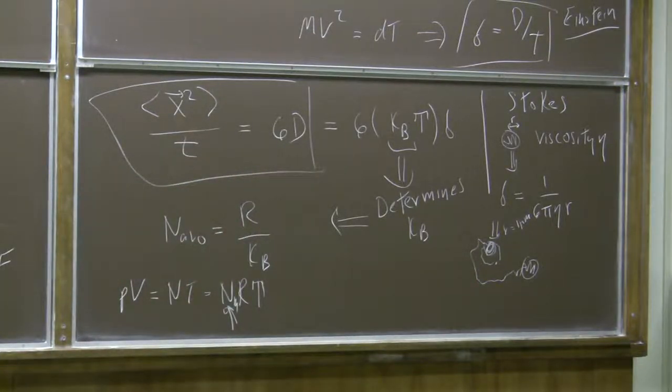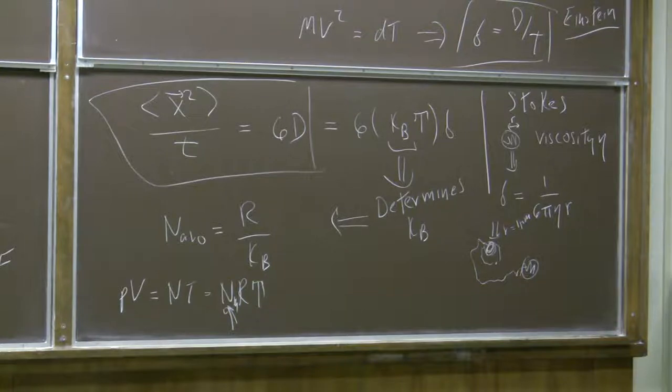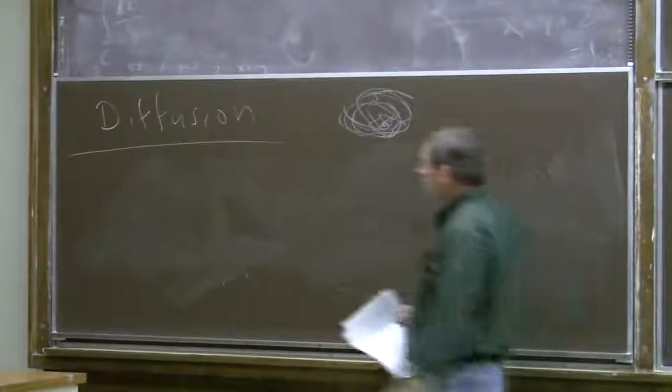Okay. So this Einstein relation was one of the first examples of something that's called a fluctuation dissipation relation.